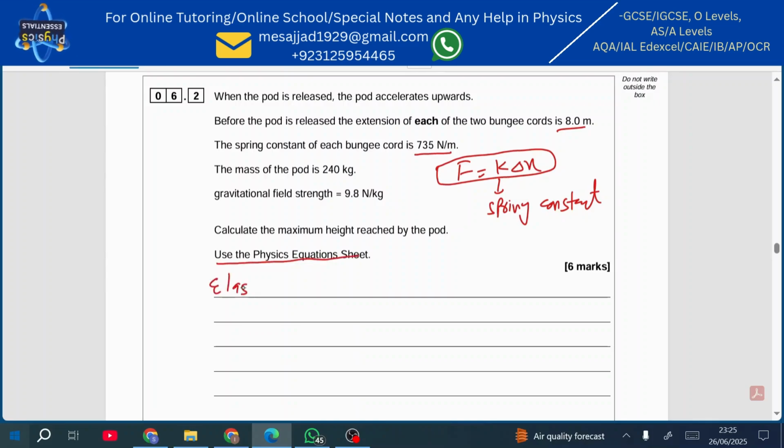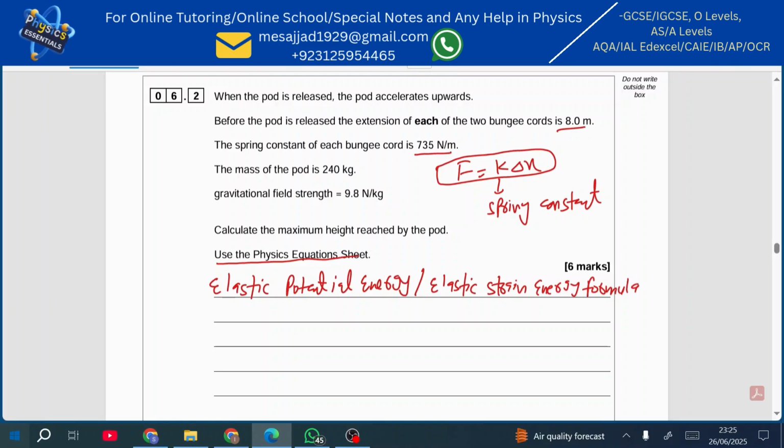So the elastic potential energy, we also call this elastic strain energy. Okay, the elastic strain energy formula from the formula sheet is equal to half k delta x squared.